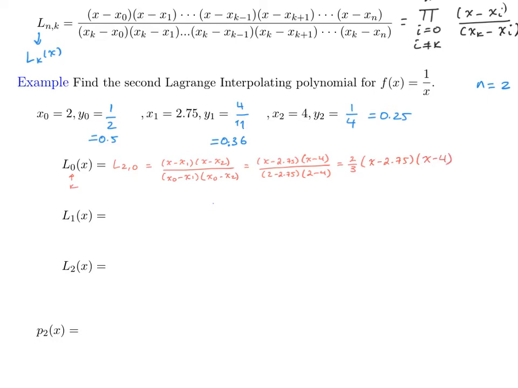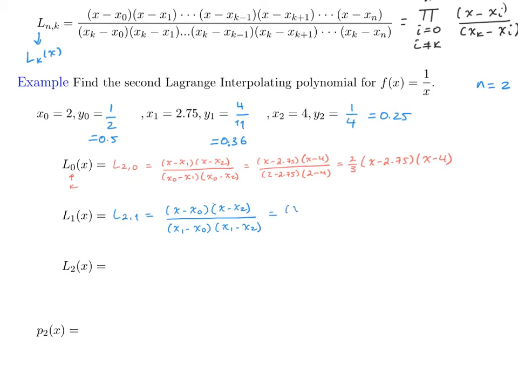All right, in a similar way, we're going to find L1, which would be x minus x0 times x minus x2. And then the bottom, now since k is equal to 1, this is going to be x1 minus x0 times x1 minus x2.